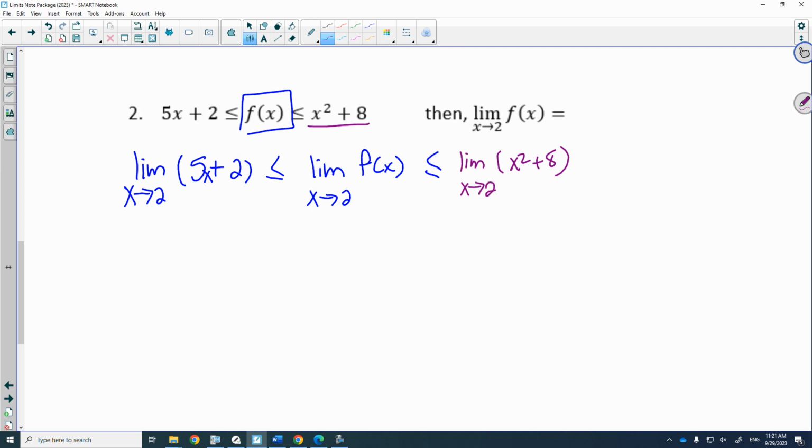So apply the limit to every expression in the inequality, and then you're going to evaluate each limit at that a value, which is 2.